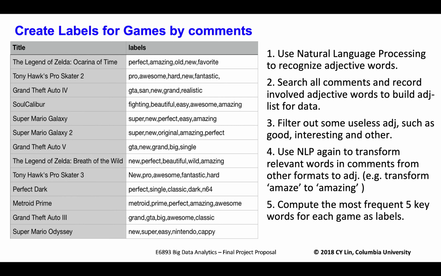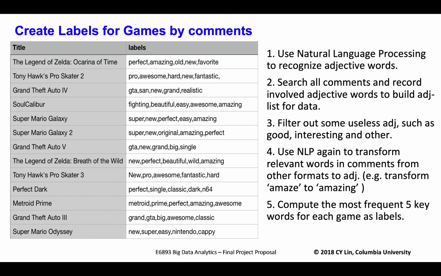In the third part, we created labels for games from comments. Firstly, we used natural language processing, aka NLP, to recognize adjective words. Secondly, we searched all comments and records involving adjective words to build an adjective list for the data.